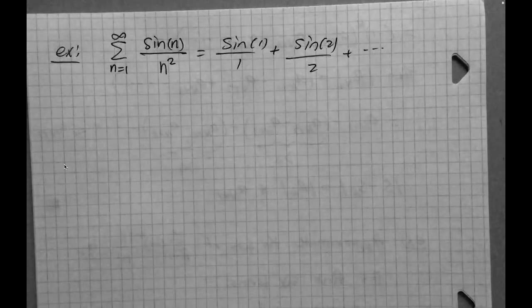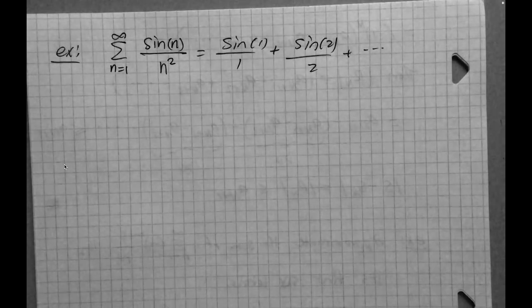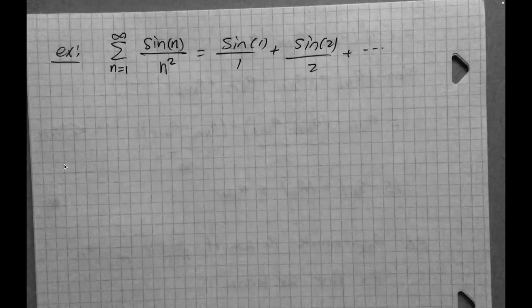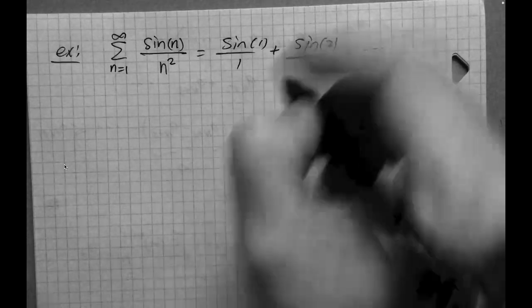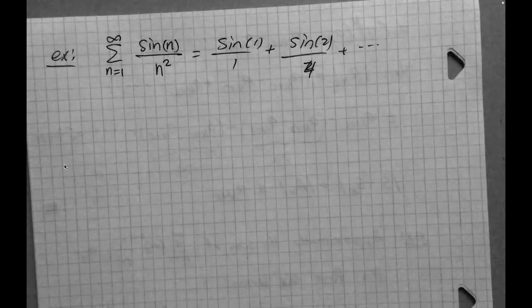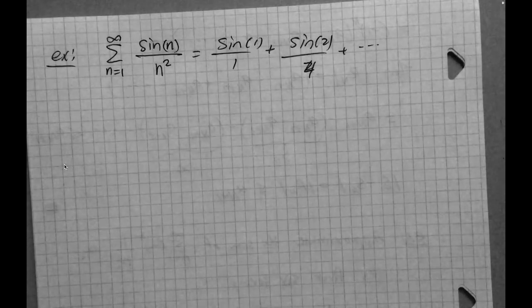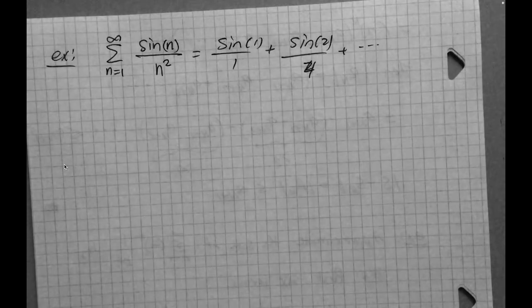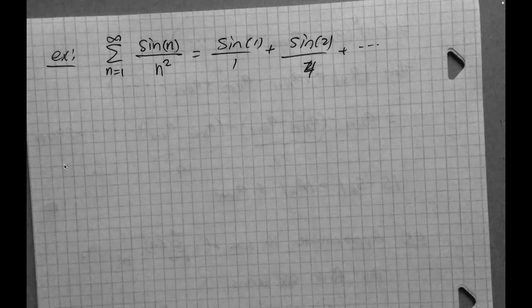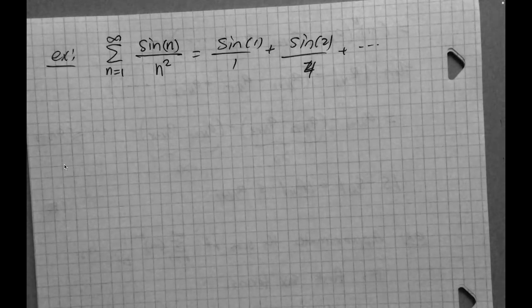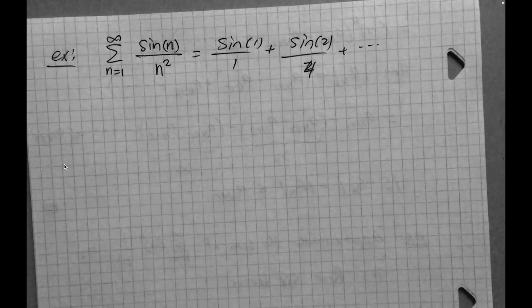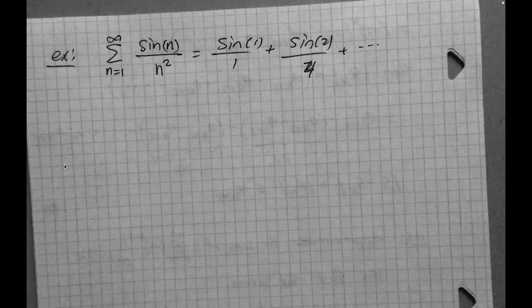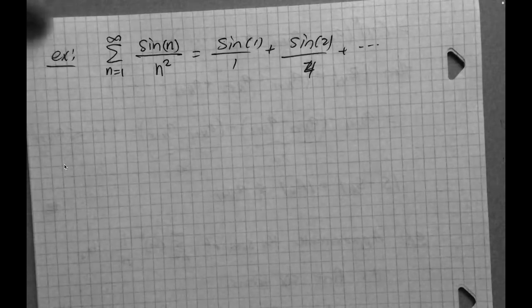Some of these terms will be positive, some will be negative. It's going to have both positive and negative terms, but it's not an alternating series. It's positive and negative because the sine function will vary, and it's not strictly speaking an alternating series.